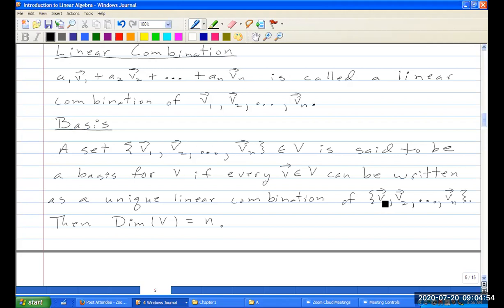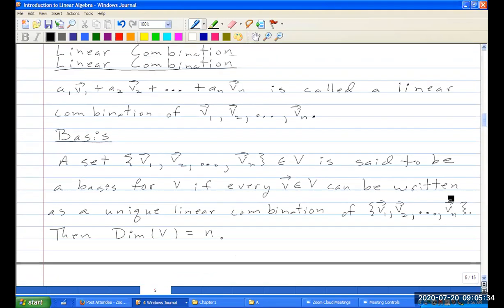Next, how many vectors there are in a basis is called the dimension of your vector space. So if every vector in your vector space can be written as a unique linear combination, so there's only one linear combination of these vectors, then we say that these vectors are a basis for your vector space.